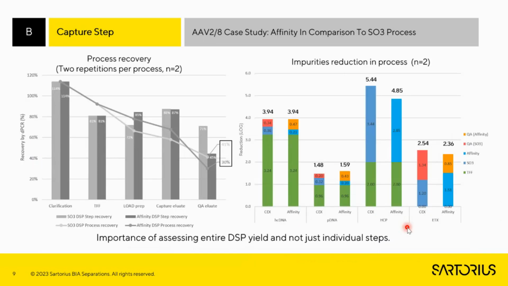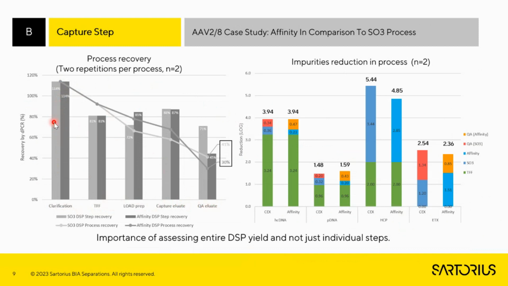Another case study that we performed was comparing the affinity approach versus the SO3 process, and we did 2 repetitions per set, so 2 runs of affinity and 2 runs of SO3. Those are expressed here on the graph representing the process recovery, where the bars represent individual step recovery. So we have the steps of clarification, TFF, load preparation, capture eluate, and QA eluate.